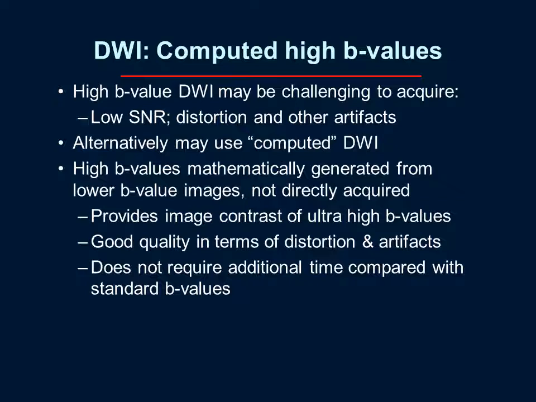In this case, the high B-values are mathematically generated from the lower B-values and not directly acquired. This provides the image contrast of the very high B-values, as well as good quality in terms of distortion and artifacts, since they're not directly acquired, and also does not require the additional time needed to acquire those very high B-value images compared with standard B-values.